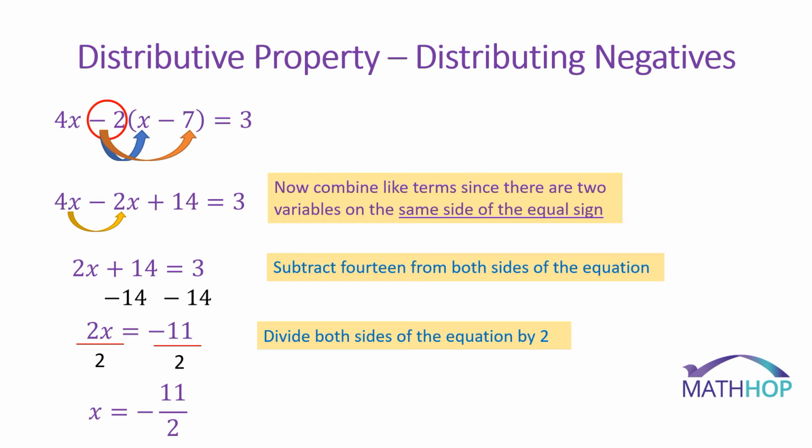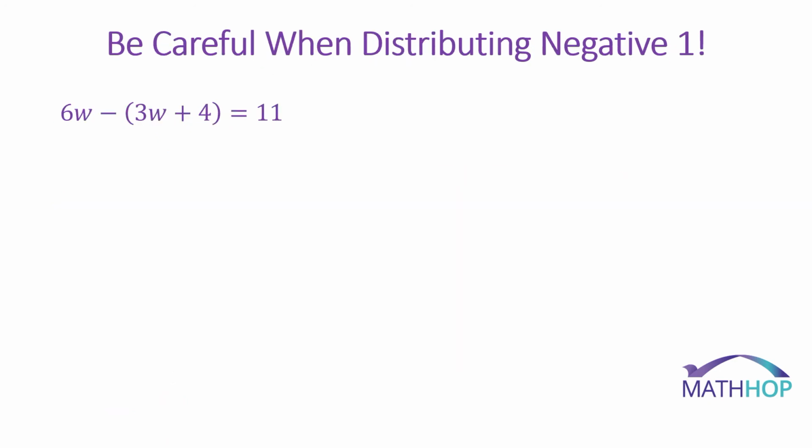Okay, now another thing to be careful of when distributing is when we are distributing a negative 1. Most people miss this. If you have 6w minus the quantity 3w plus 4 equals 11, this represents distributing a negative 1. You have to distribute that within the parentheses.